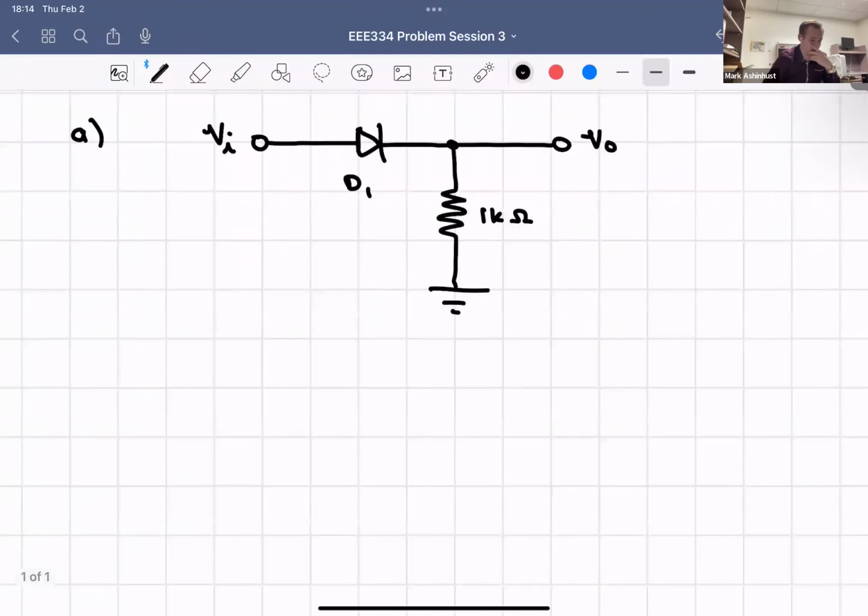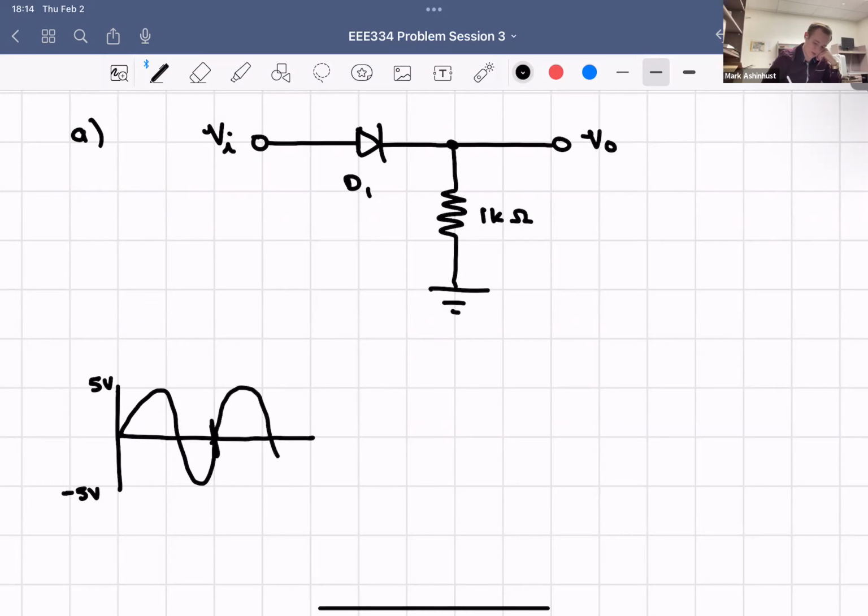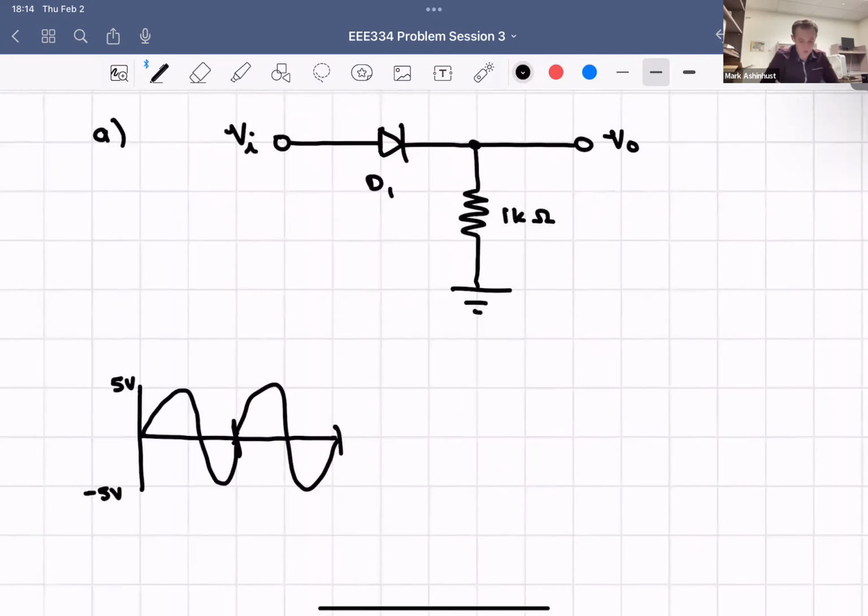When we have that wave, let's say this is 5, this is negative 5 volts. We're going up, down, up. This is 1 period, so that'll be 1 kilohertz. Then up, down, up again, and this would be 2 periods.